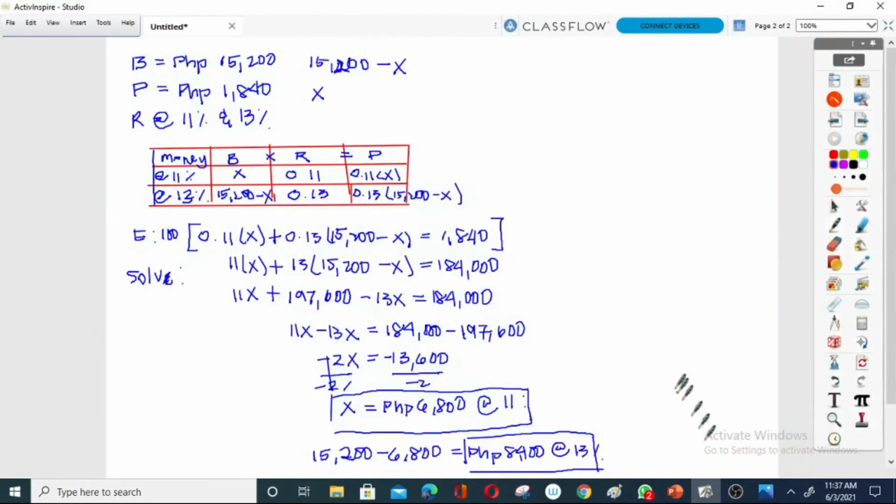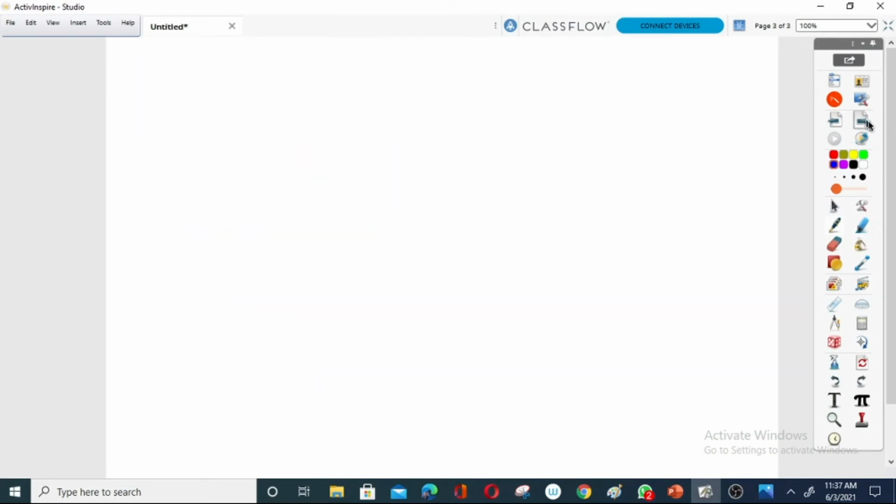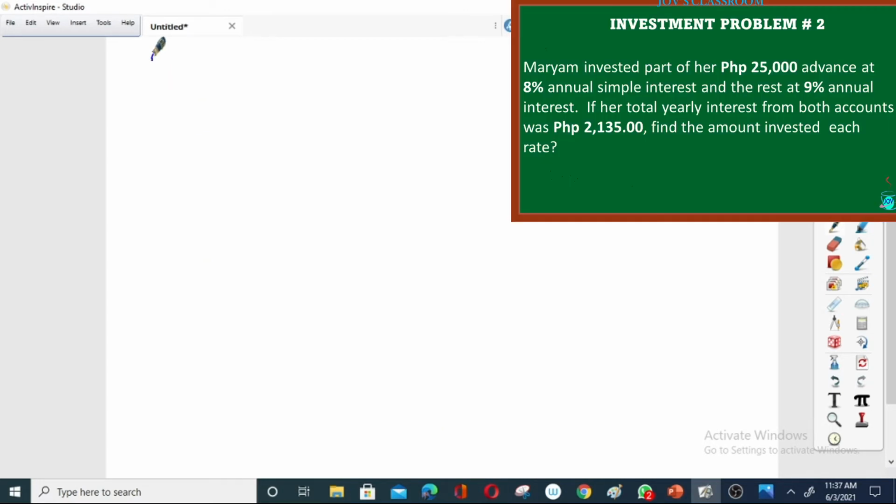So the same, the given base, or the total amount invested, is 25,000.